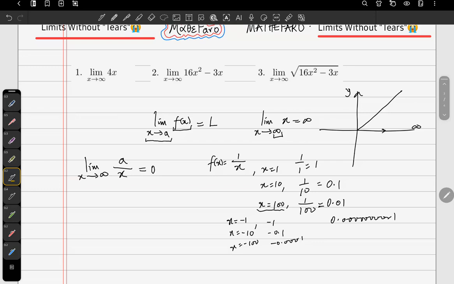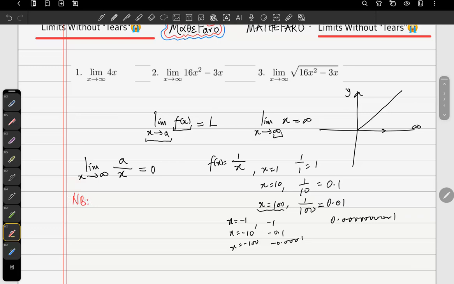So the limit of a over x as x goes to infinity, where a could be any constant, 1, 2, or any number, is equal to 0, so long as a is not going anywhere while x runs faster to infinity.